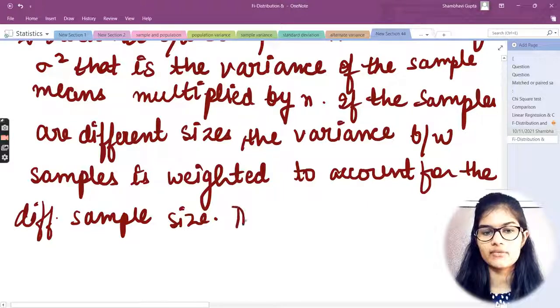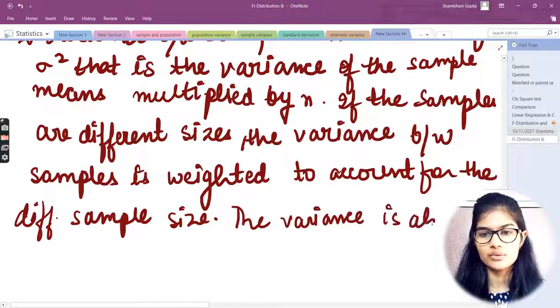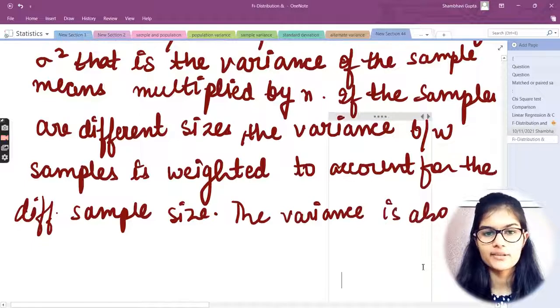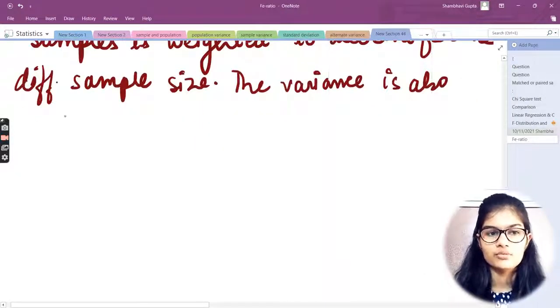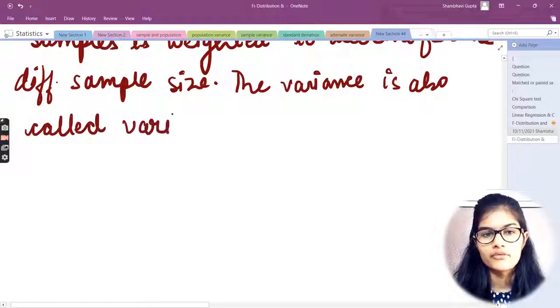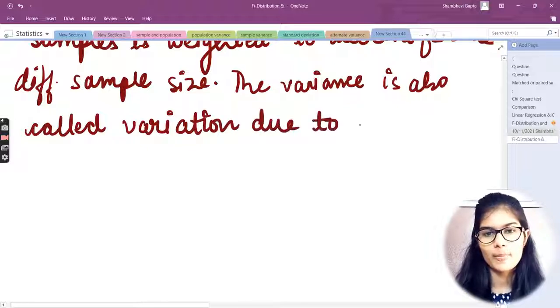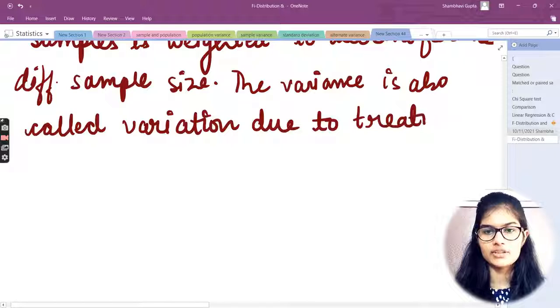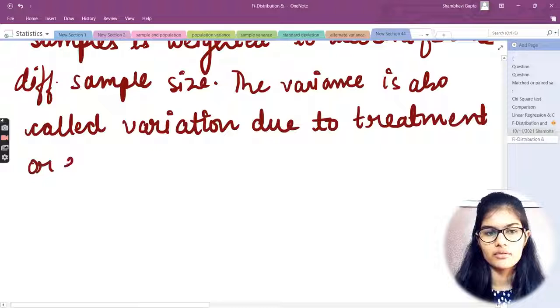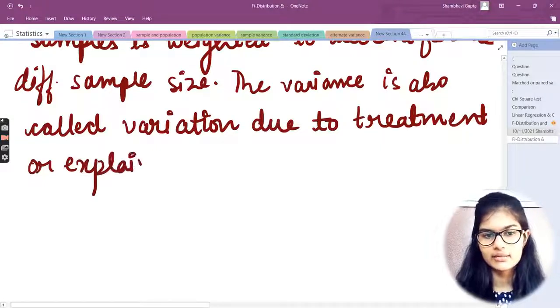Then we have one more thing to mention here: the variance is also called variation due to treatment or explained variation.